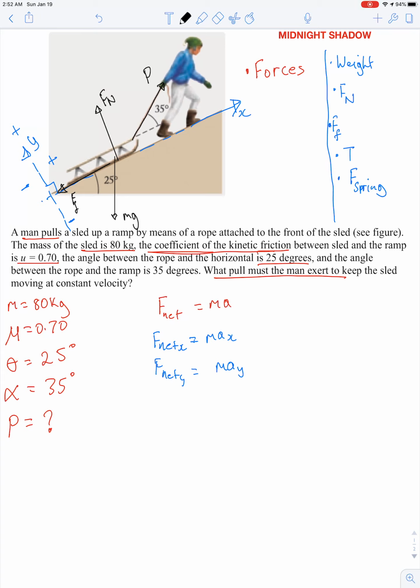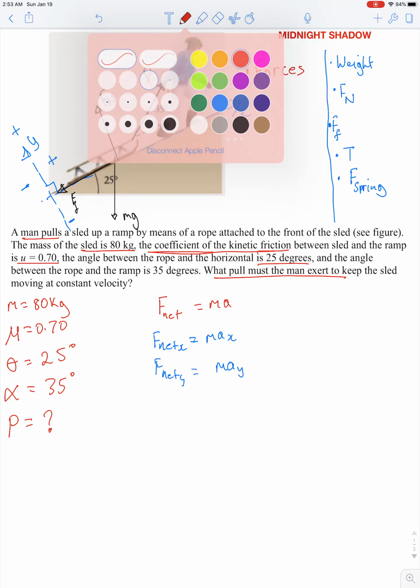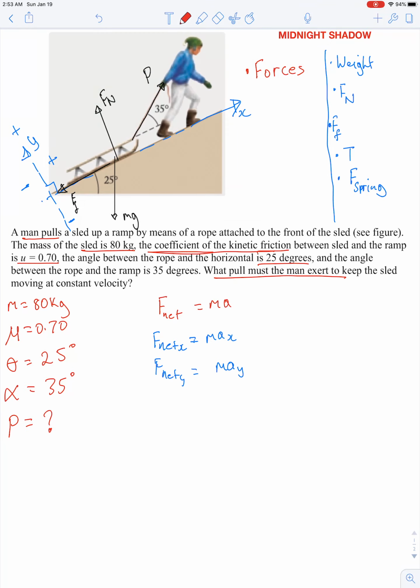The next thing to do is break down any forces that do not look like your x and your y. When I look at this, P doesn't look like x or y, and mg doesn't look like x or y. So all I do is make right triangles out of them. One like this, see that?